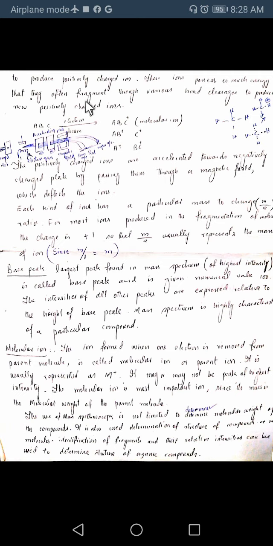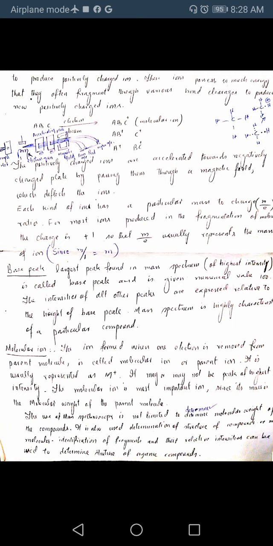And when an electron beam of 70 electron volts energy is used to bombard the molecule of the sample, then what happens?